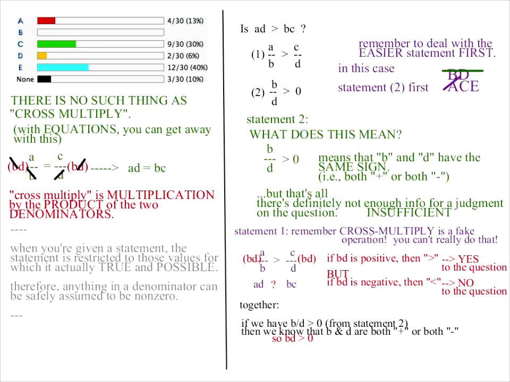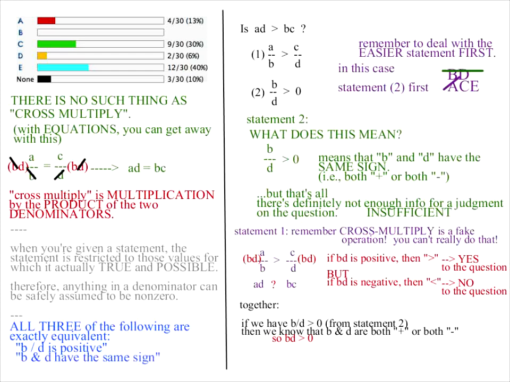So this is a really, really important takeaway that we're going to put over here in the takeaways section on the left-hand side. Okay, all 3 of the following statements are exactly equivalent. B over D is positive. B and D have the same sign.